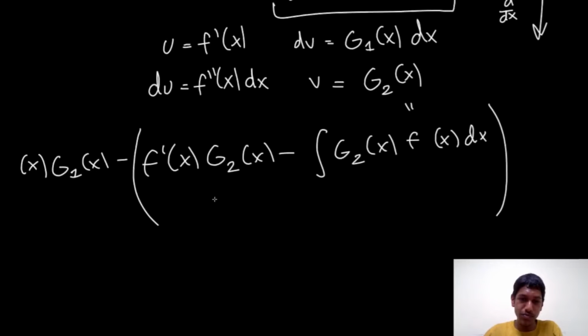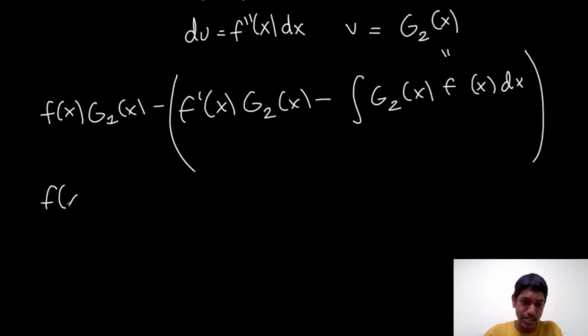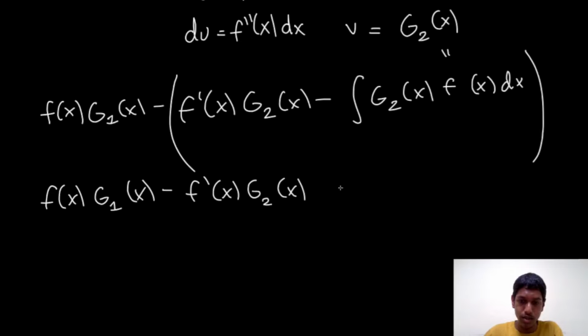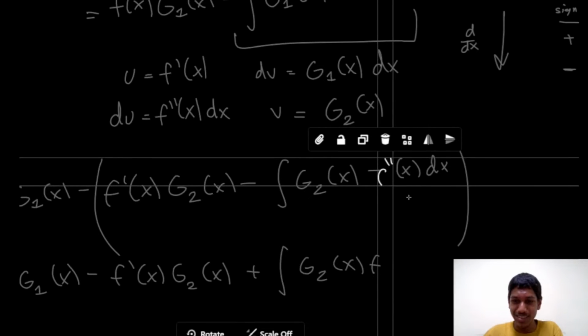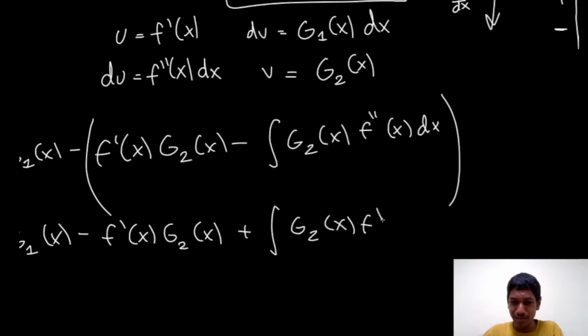So we can do some simplification. We can say this is f g1 minus f prime g2 plus, so minus minus makes plus, and then integral g2 f, I think the apostrophes were left behind, so f double prime x dx.